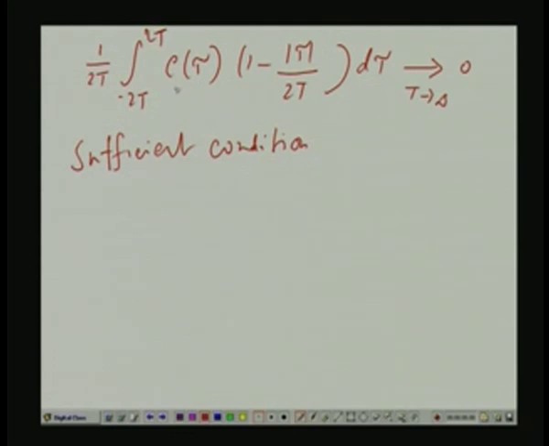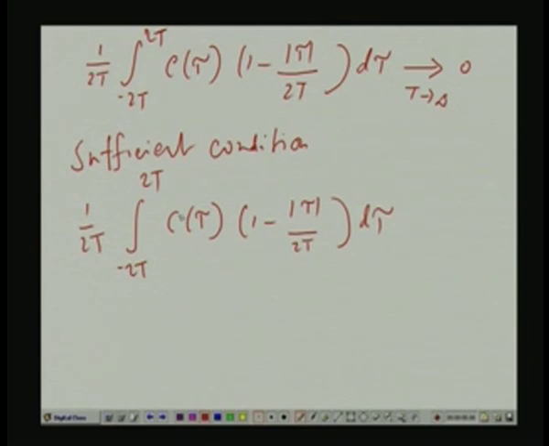So, obviously, this integral, you can write the above integral. C tau can be positive and negative both. So, if instead of C tau, I take mod C tau, always I get positive.